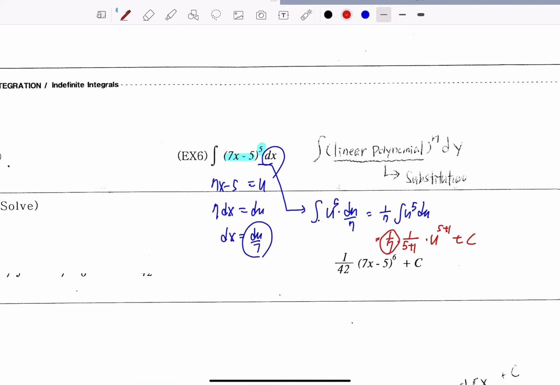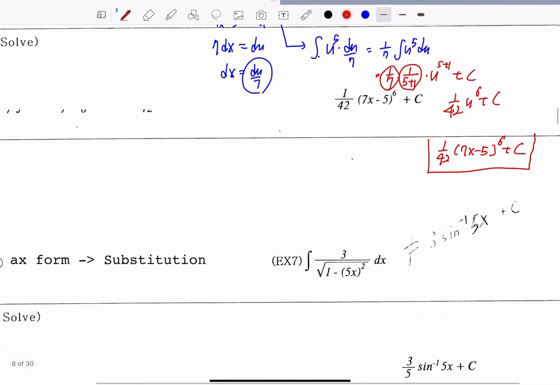So 1 over 7 times 1 over 6, which is 1 over 42, u to the 6th power plus c. As a final step, you go back to the original. u means 7x minus 5. So parenthesis 7x minus 5 to the 6th power plus c. Okay, that's the answer.